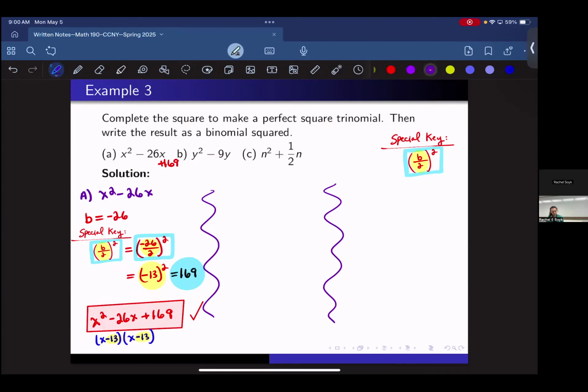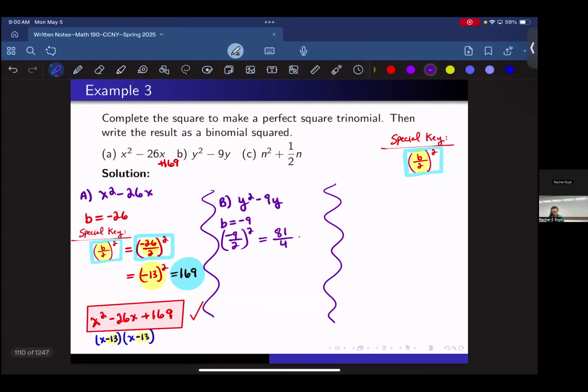Let's look at part B. y squared minus 9y. Our b value is negative 9 here. Special key, negative 9 divided by 2 in parentheses squared. And so negative 9 squared is 81. 2 squared is 4.